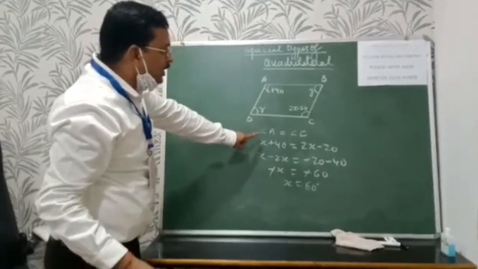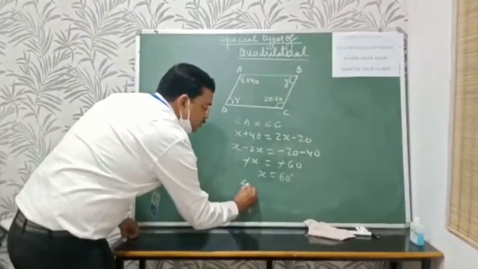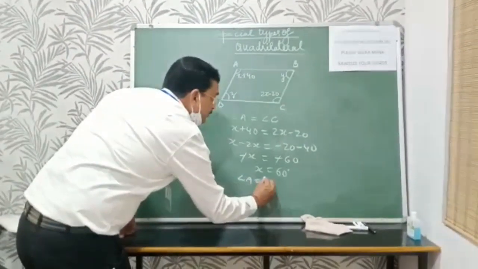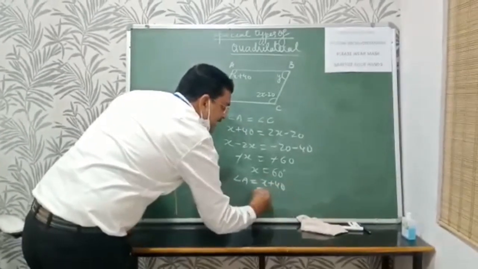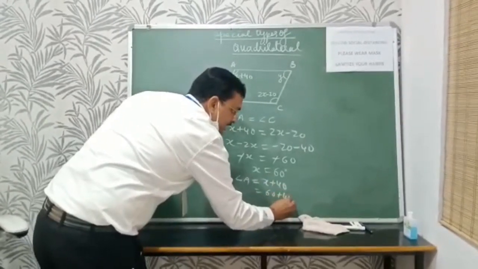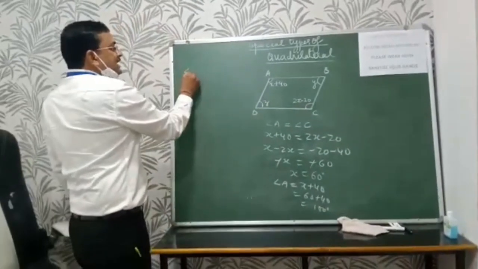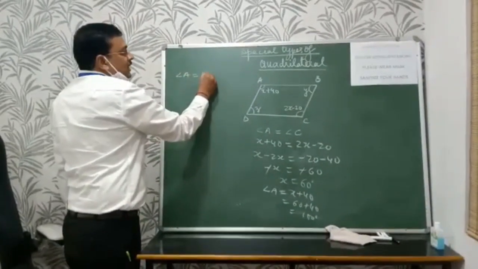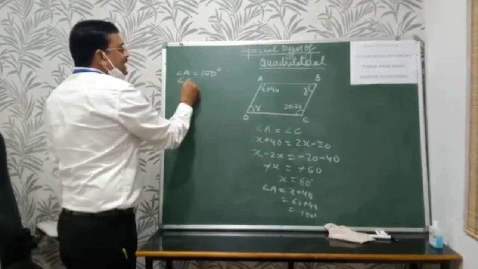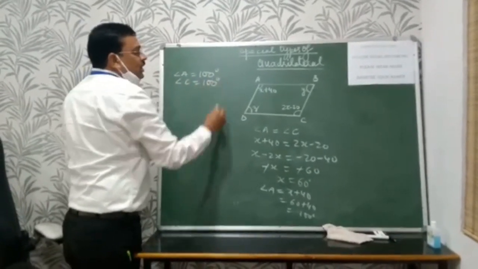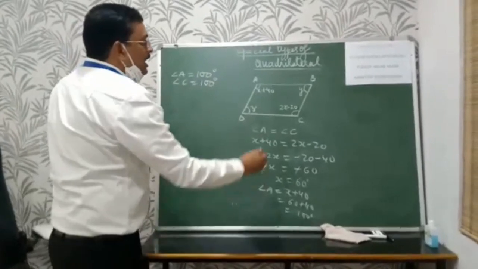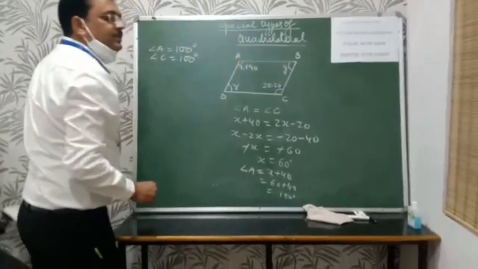Now if we put the value of x in angle A, angle A is equal to x plus 40, which is 60 plus 40, which is 100 degrees. So angle A is 100 degrees, therefore angle C is also 100 degrees. Now how can we calculate y?